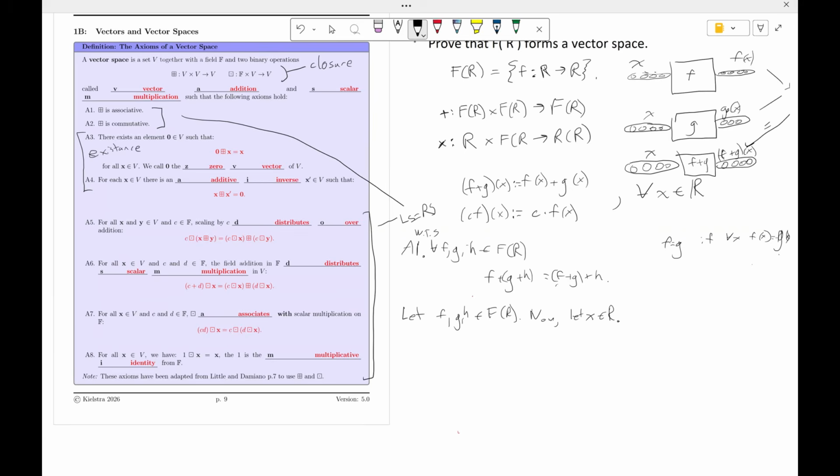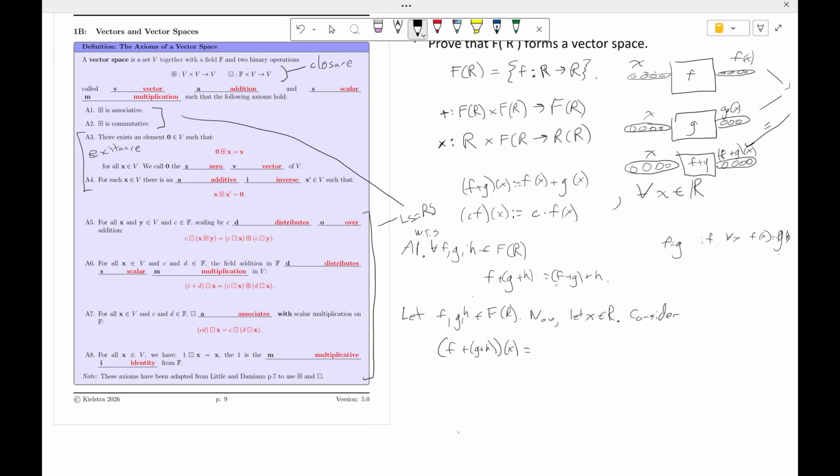We want to show that left side equals right side. So we're going to start with, consider, f plus g, plus h of x. So the left side, let's apply this function to x.